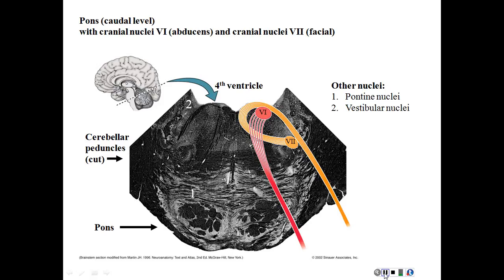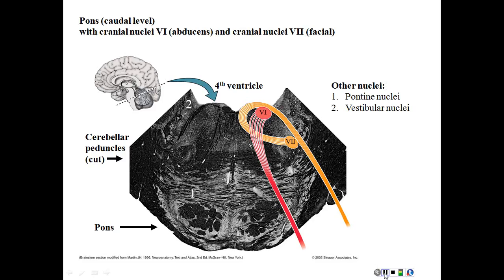We found 8, we found 10, and we found 12. Which really means what? That 9 and 11 must be really small nuclei, to the point that even neuroanatomists aren't 100% sure exactly where all the different components are. We can really see 8, 10, and 12, and chances are 9 and 11 have got to be in there as well. But we clearly identified these 3 nuclei in the sections.